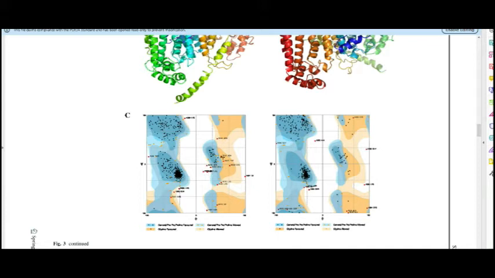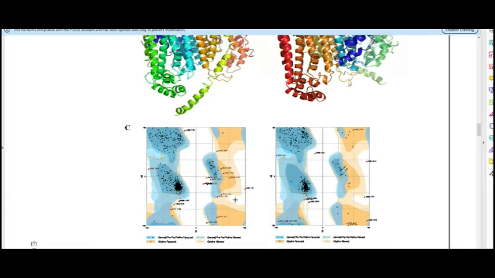But you can also see that they have their proline allowed ones in here, and their glycine allowed. So proline is the one that has that cycle that goes from its alpha carbon to its nitrogen, and so they have the weird sort of bond angles, the weird sort of dihedral angles going on. And the glycine, which does not have a side chain, is very flexible. So those have kind of a wider range of allowed dihedral angles.